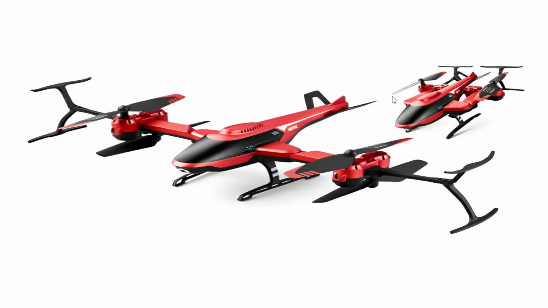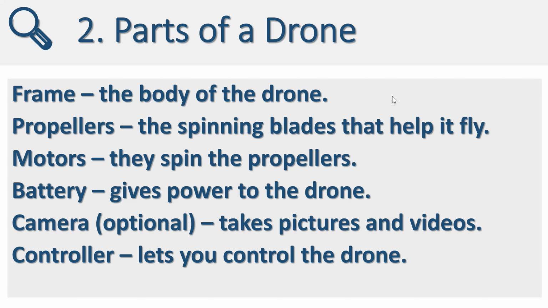This is a picture of a drone flying in the sky. Parts of a drone. A drone has several main parts. Frame: the frame means the body of the drone.